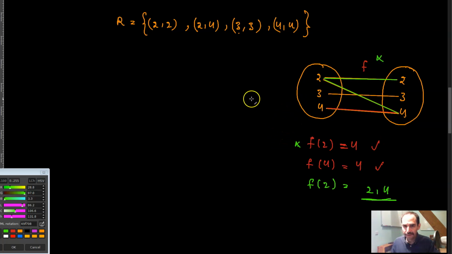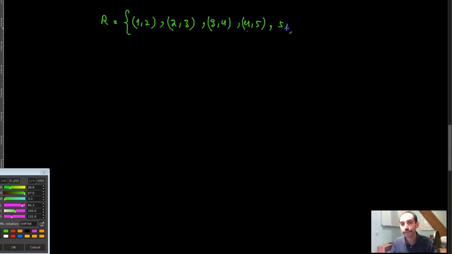And for example, the third relation here is R equal to (1, 2), (2, 3), (3, 4), (4, 5), (5, 6), (6, 7).